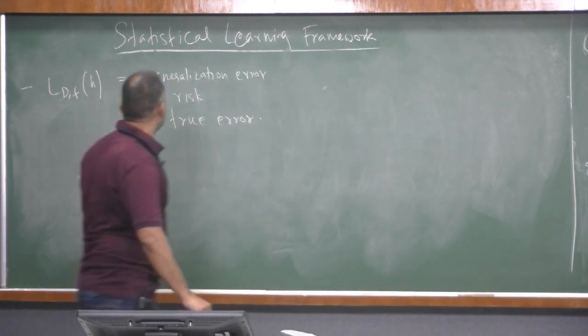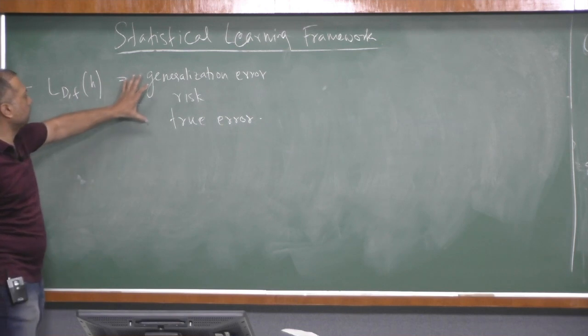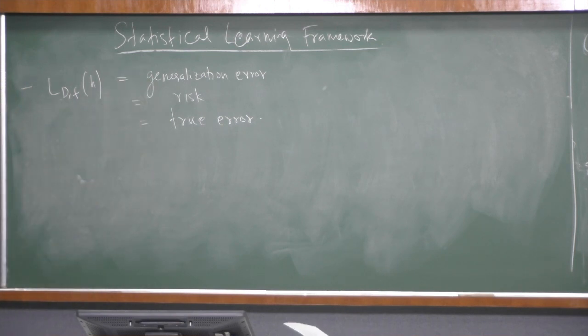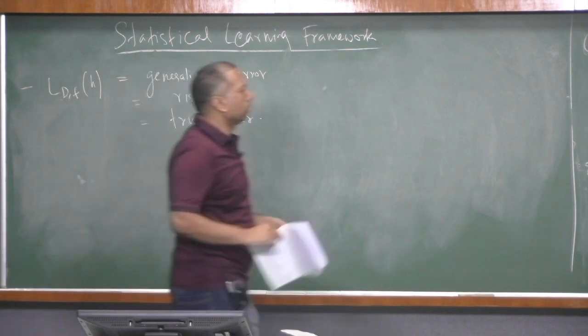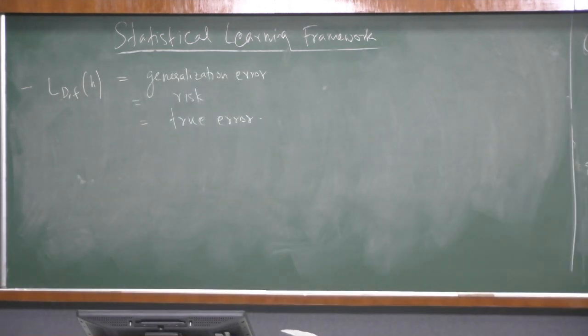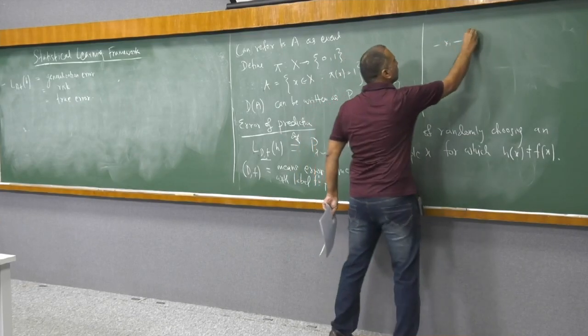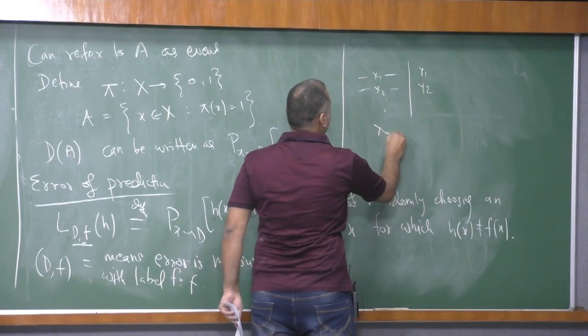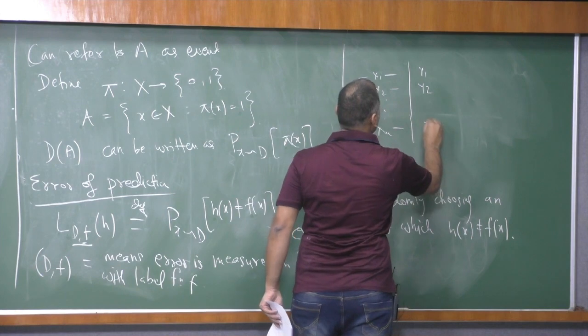But this is what you want to achieve in practice. You want your generalization error to be as small as possible. The term generalization here refers to the fact that I have worked with some data and I have learned some prediction rule.